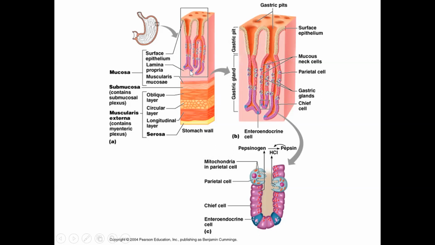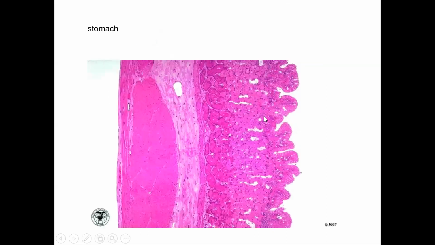So this is the shortest distance for the hormone to travel from the G cells all the way to the blood. Okay, that's why you find the G cells at the bottom of this gland structure. Okay, so that is the stomach. This is the stomach lining histology.